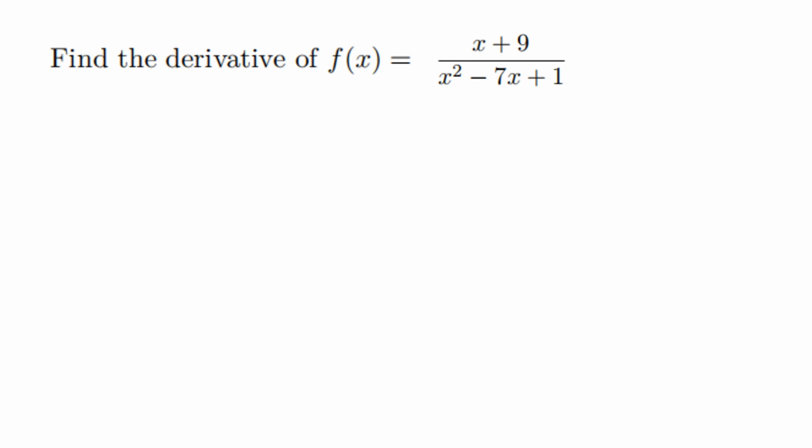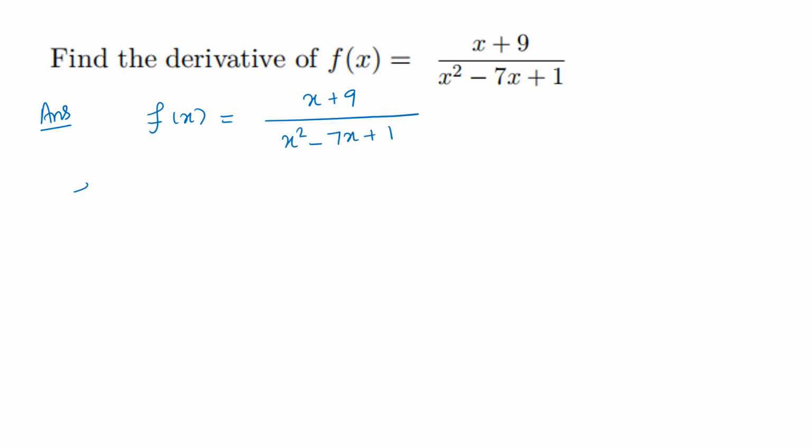Again we have a problem using the quotient rule. Find the derivative of f of x equal to x plus 9 over x square minus 7x plus 1. So what is the given function? f of x equals x plus 9 over x square minus 7x plus 1.